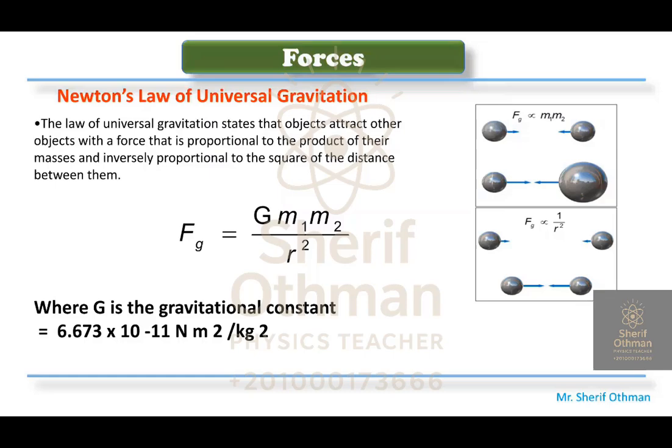Let's say gravity, not gravitational force. The gravity is the attraction force applied by any object that has a mass, while gravitational force is the attraction force between two objects that have masses. So the gravity belongs to one object. Gravitational force belongs to two objects.